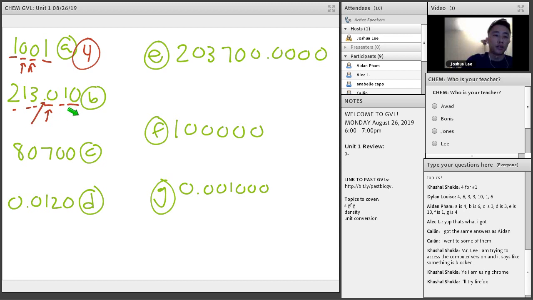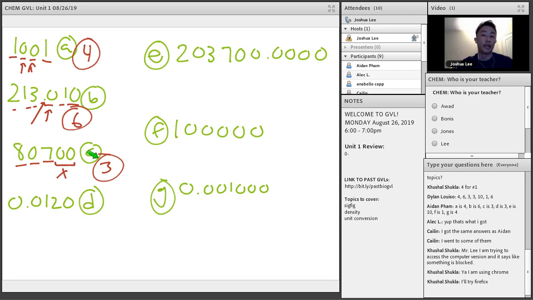So 1, 2, 3, 6. Then C: the 8 and the 7 count, meaning the 0 counts because it's sandwiched. The zeros at the end don't count because we don't see a decimal. So this one is 3.